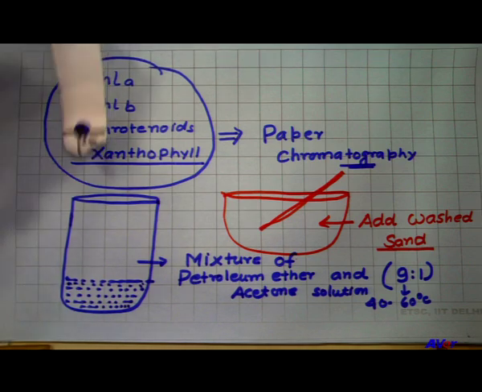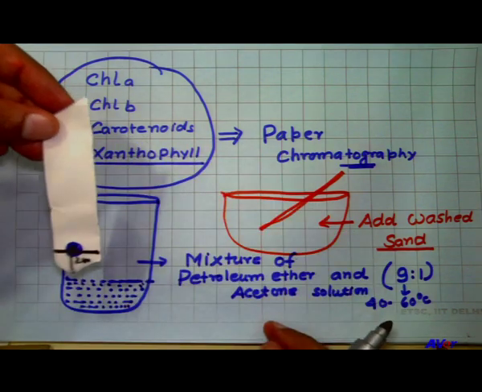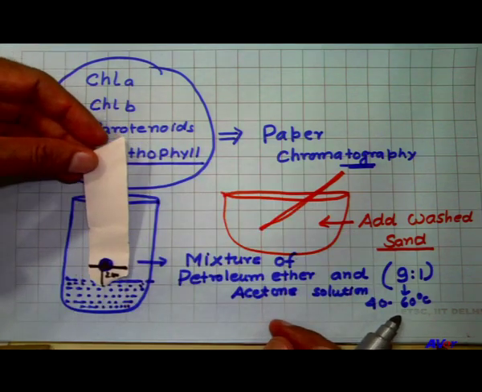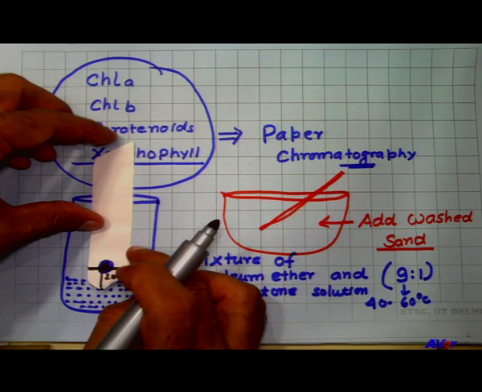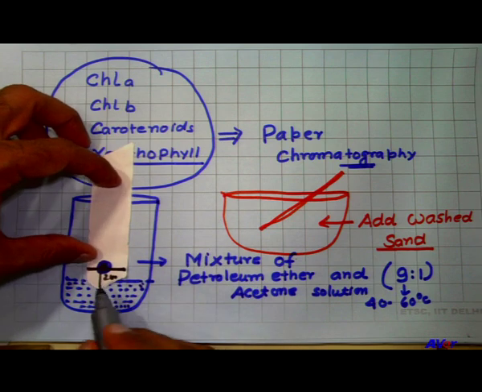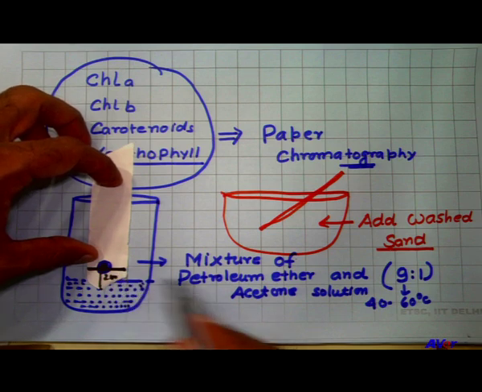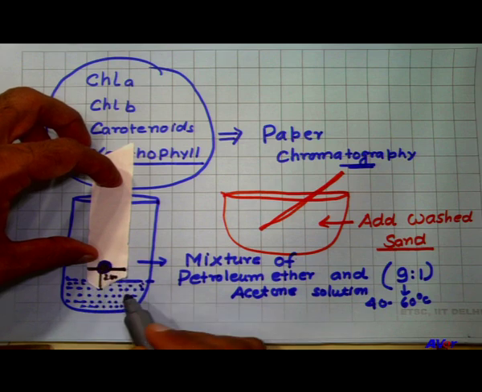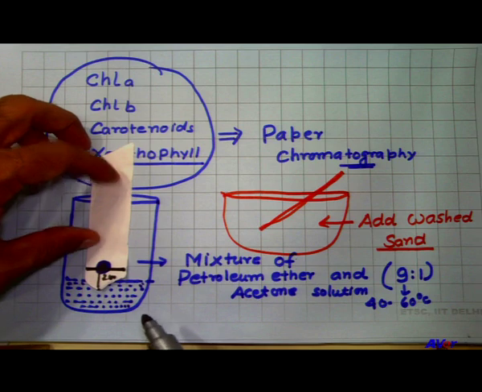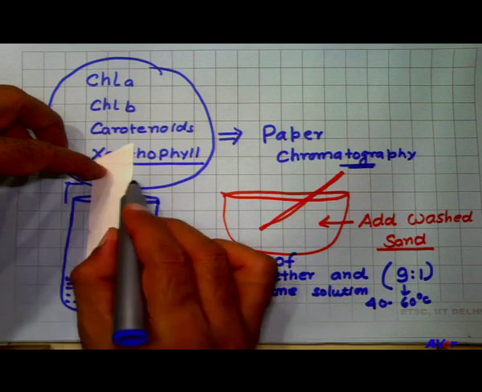Then we take the chromatography paper and dip it inside the jar in this manner, so that our filtrate spot is not dipped in the solution. Hang it and close the jar with its cover.